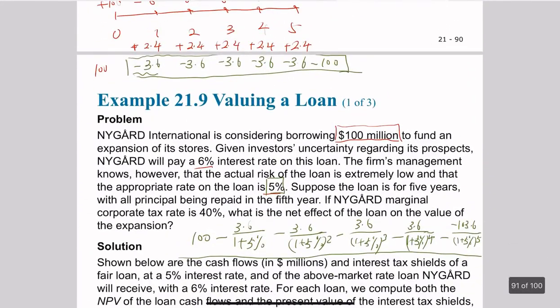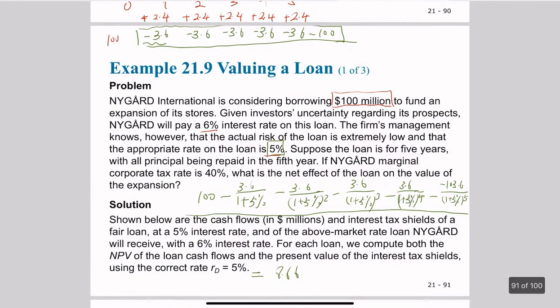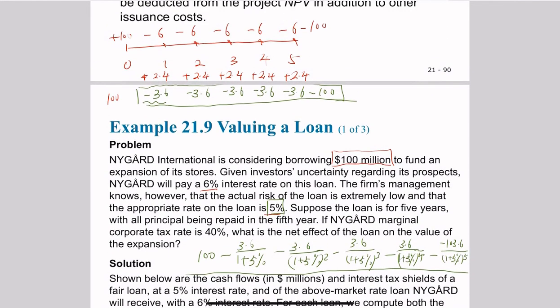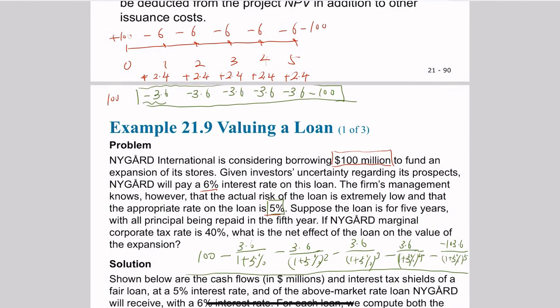Okay, so let me summarize, right? What is the caveat here? I think there are 2 caveats. First, you cannot only find out the firm's interest payments. You have to also think about the interest tax shields. That's the first caveat.